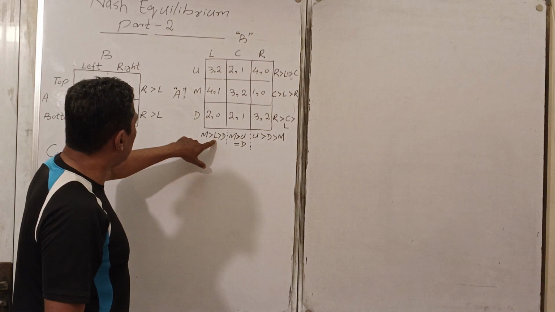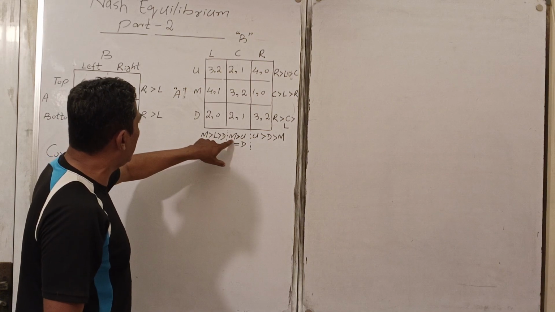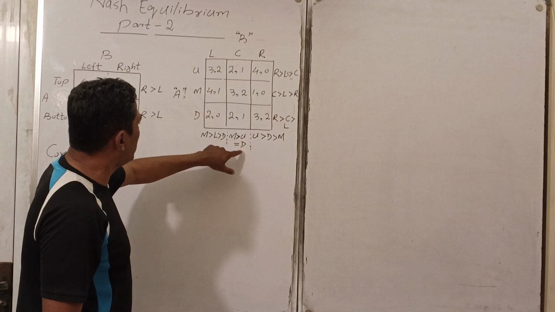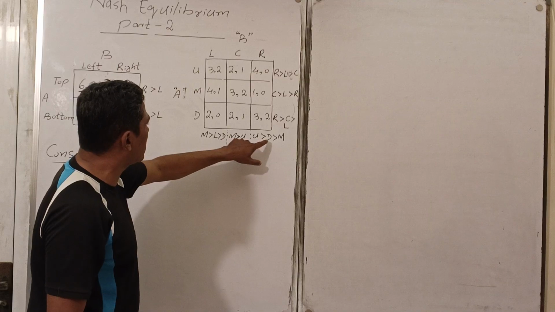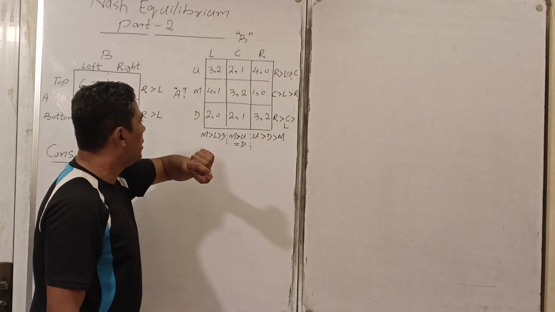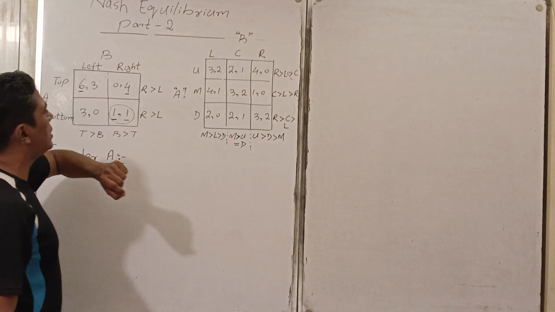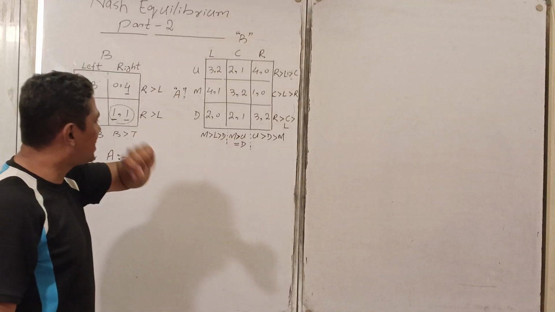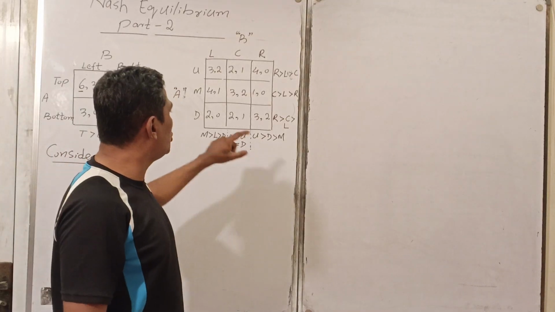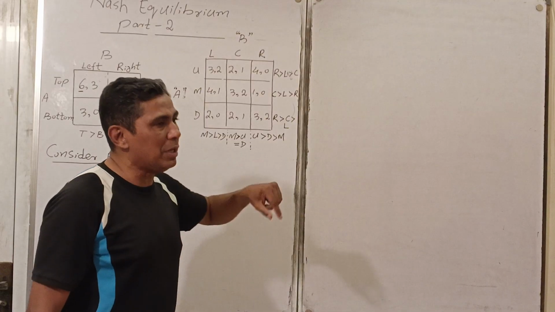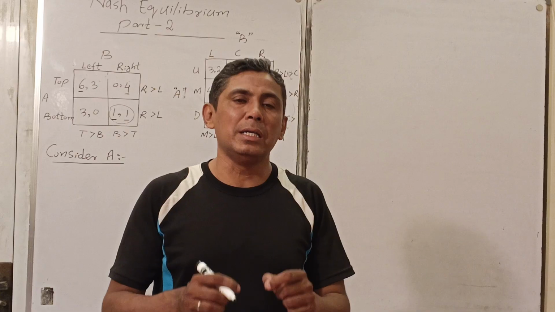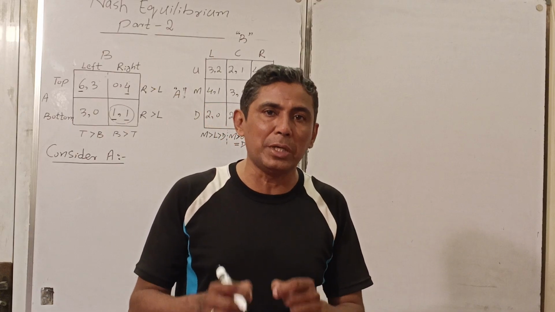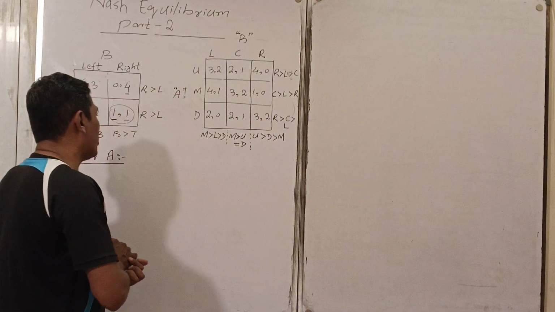M better than L better than D. But now M is better than U and D, which are equal to each other. Similarly here U is better than D and D is better than M. So it means that there is no dominant strategy here. Just U and D are weakly dominated strategies for each other because in some cases they are equal to each other. That is my conclusion.